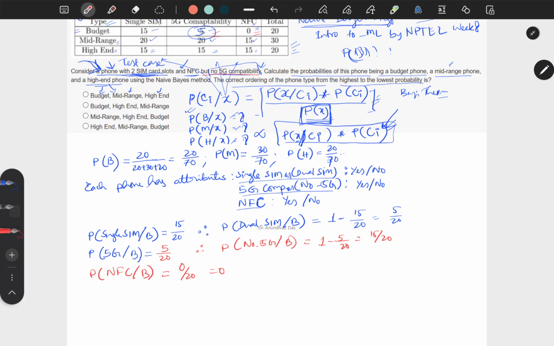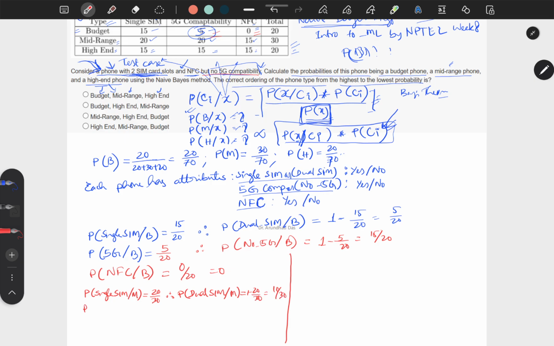Probability of single SIM given it is a mid-range phone is 20 by 30. Hence probability of dual SIM given mid-range phone is 1 minus 20 by 30, which is equal to 10 by 30.